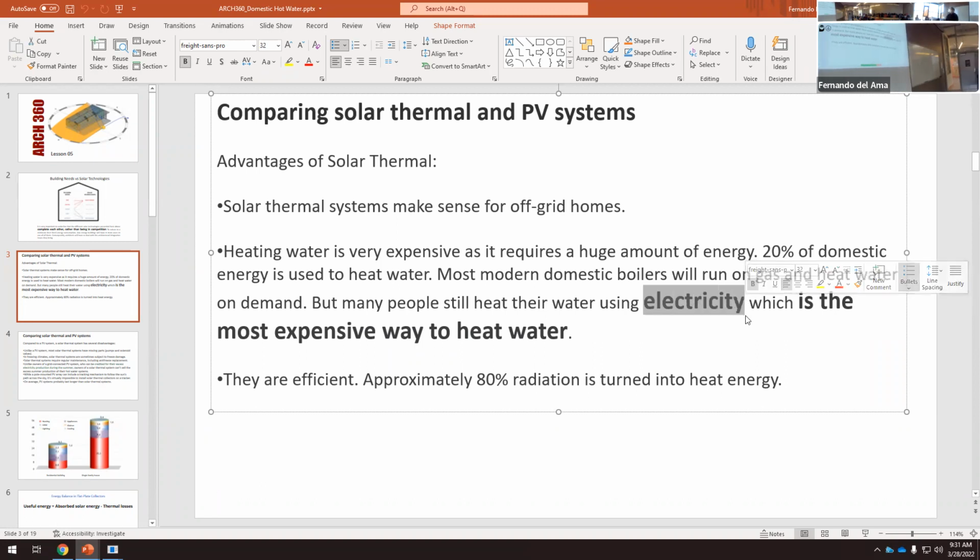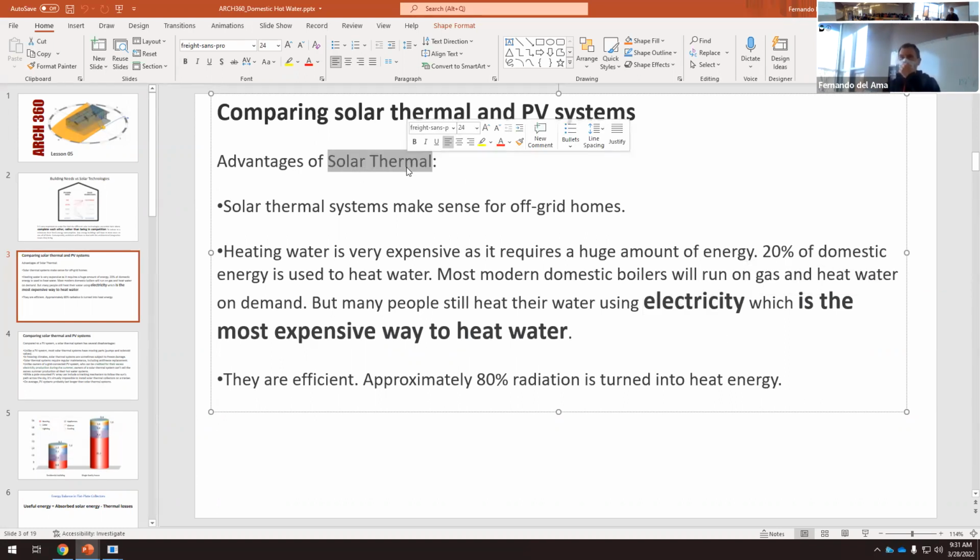We can debate, or we can have different opinions about using electricity from our PV array. Is it better than using solar thermal collectors? It's going to be more expensive, but you can say, no, my client will be safer because that family is not exposed to freezing or whatever.